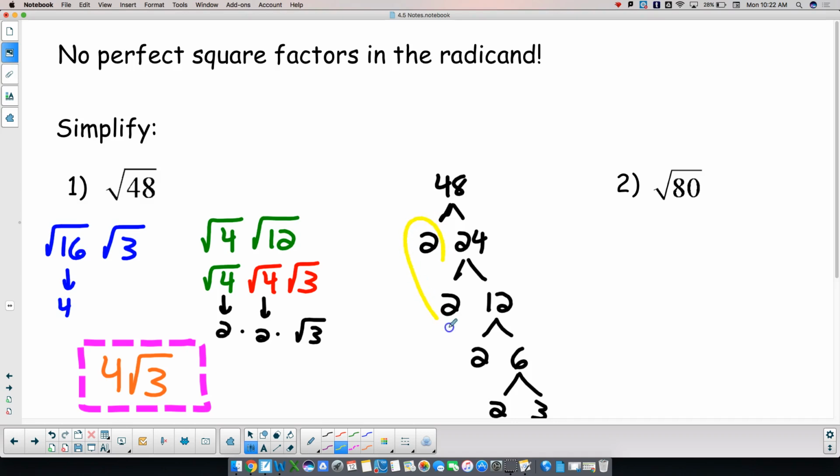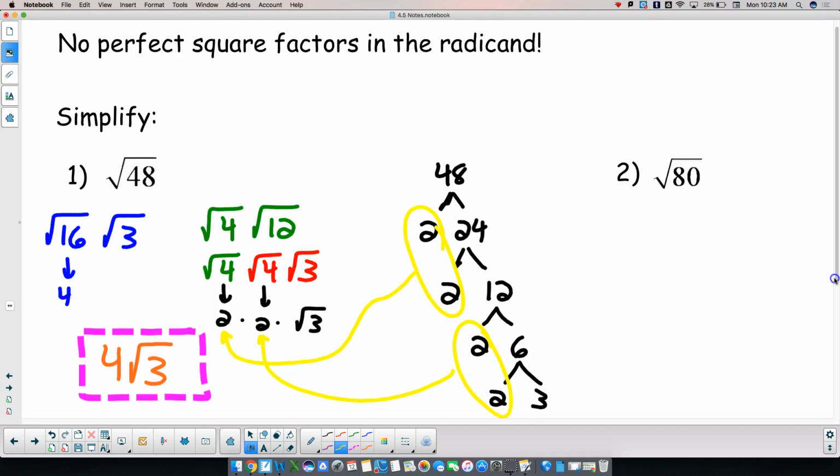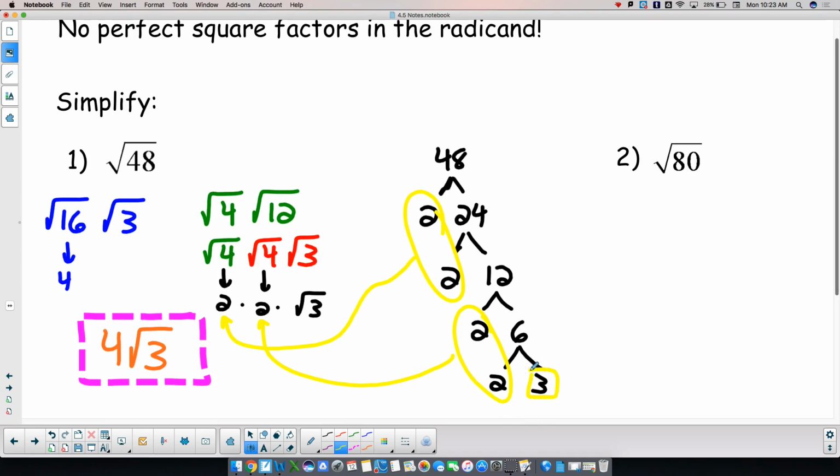So here's a pair of 2's, and here's a pair of 2's. That pair of 2's becomes my outside 2, and this pair of 2's becomes the other outside 2. And this 3 doesn't have a pair, so it stays inside. Got to have a buddy to go outside. Either way, we get 4 times the square root of 3.